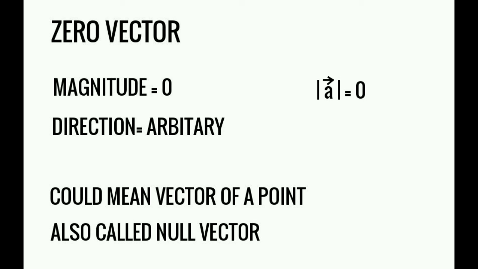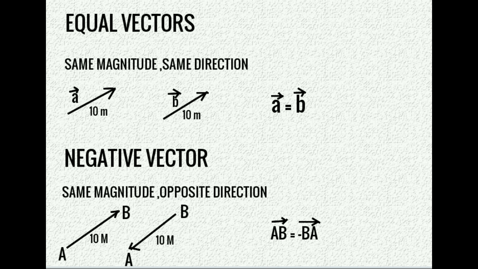Now equal vectors. Two vectors going in the same direction with the same magnitude are equal. From the diagram you can see vector A going 10 meter in some direction and vector B going in some direction. Both have the same direction and same length, so they are equal.